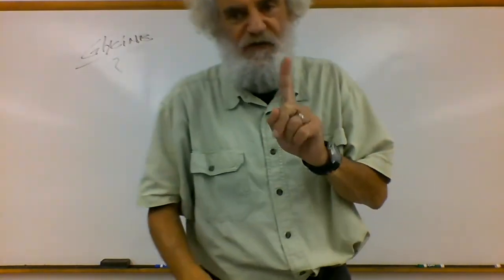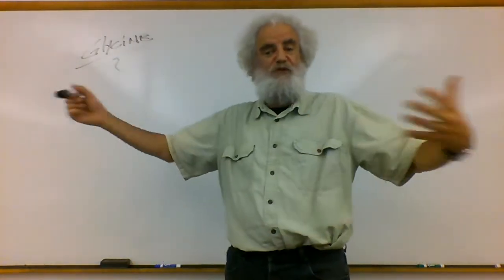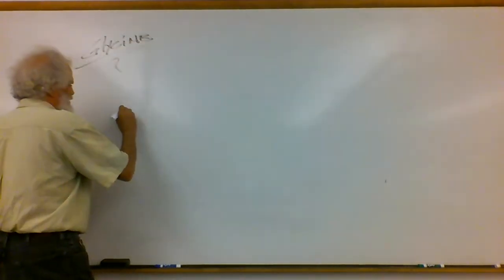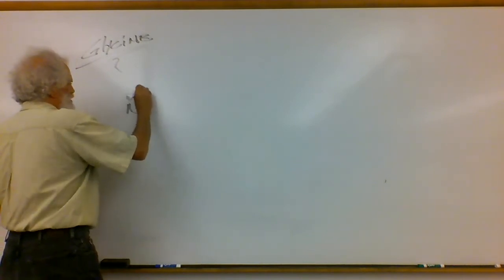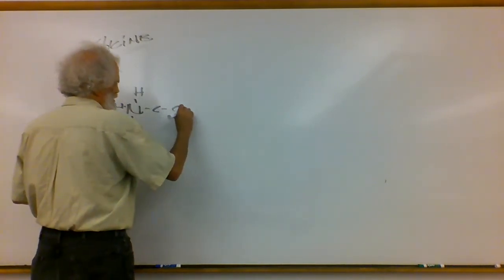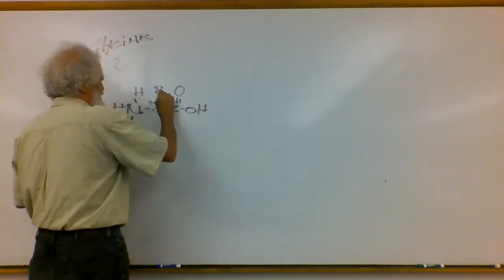So let's look to see first how we're going to link together two amino acids, and then we're going to see what happens as we start linking together these amino acids. So we're going to draw back up here. We'll call this one R1.